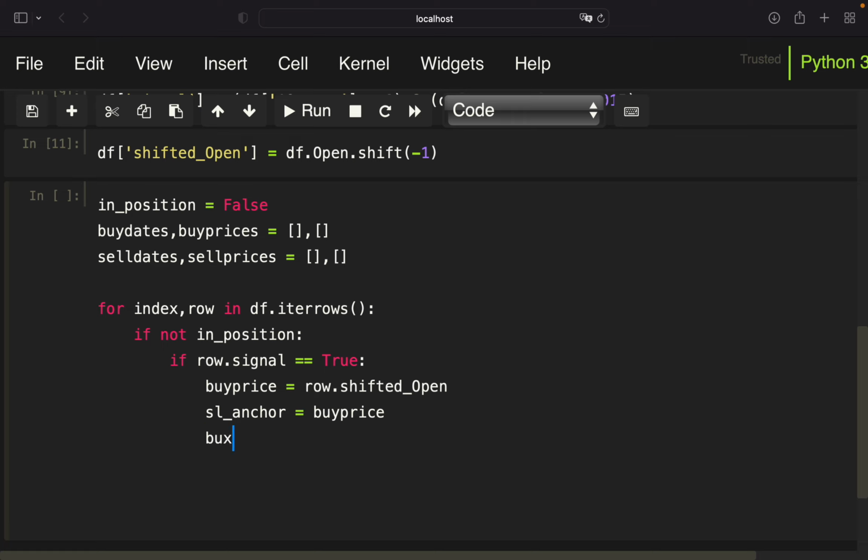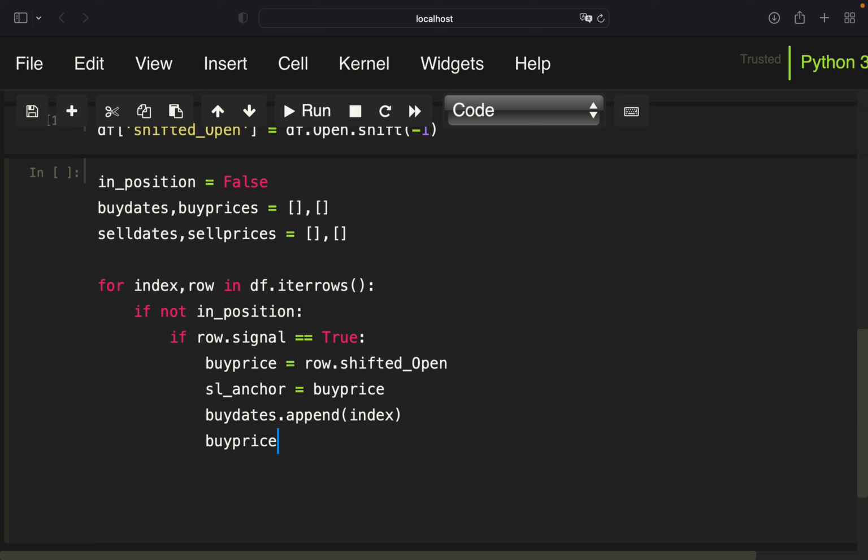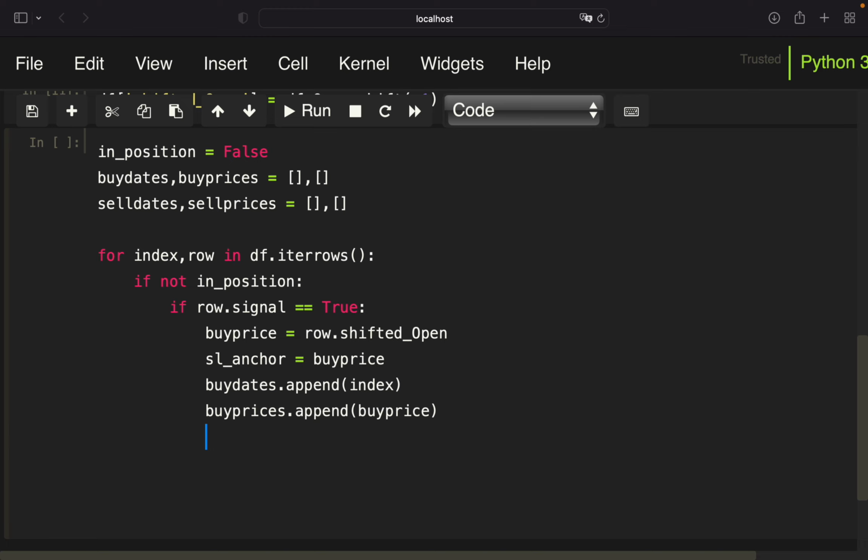Then I append the index to my buy dates to have my buy date stored, or rather my timestamp, not only my date but my exact minute when I'm buying the asset. I also append my buy price to the buy prices list. Finally, I set my in position variable to true. And that's already it for the buying logic.